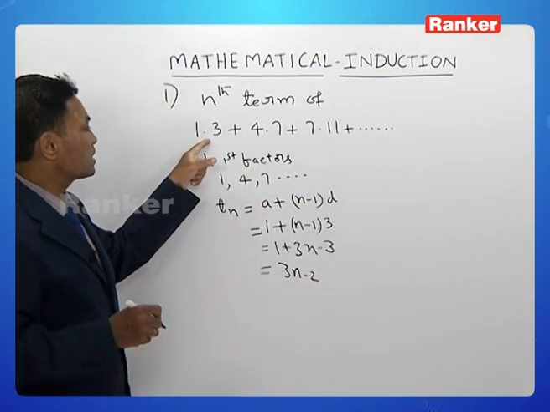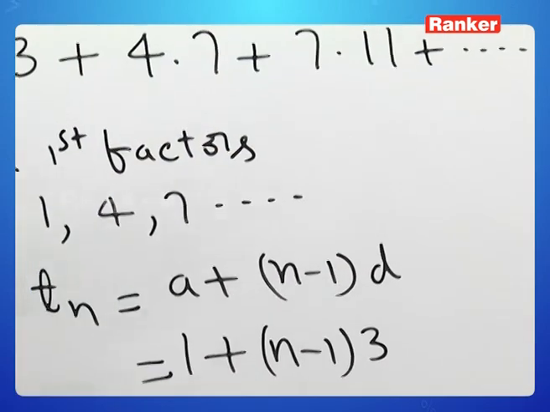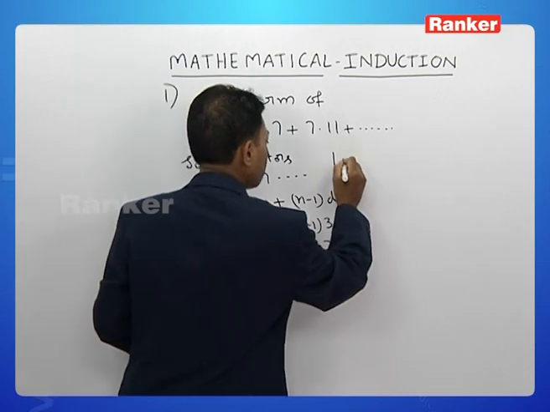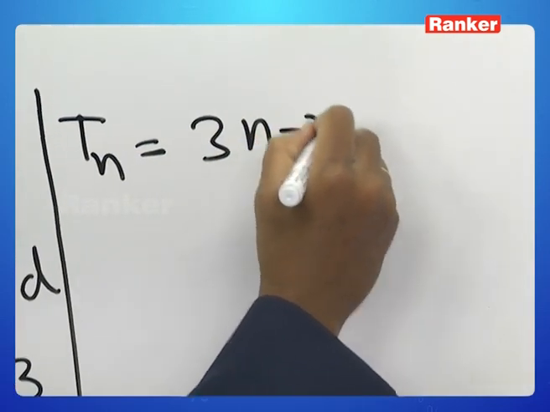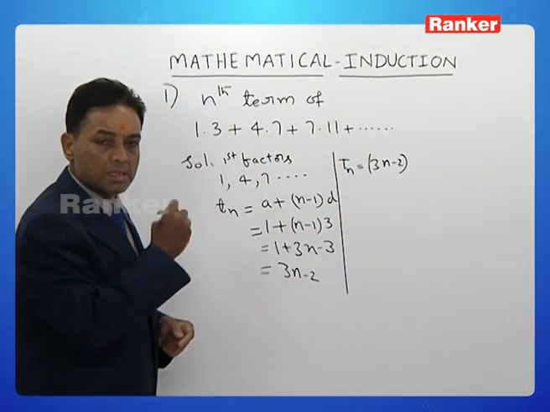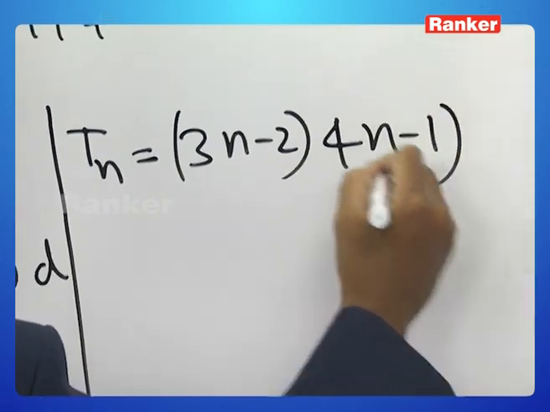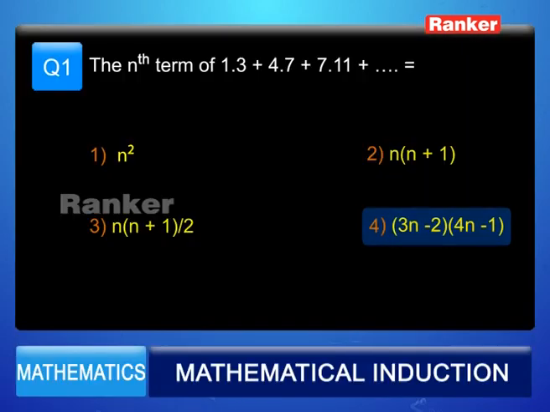Now, the difference in the second factors is here 2, here 3, here 4. So, automatically we get the nth term of the given series is 3n minus 2 into 4n minus 1. So, what is the right answer? The fourth option is right.